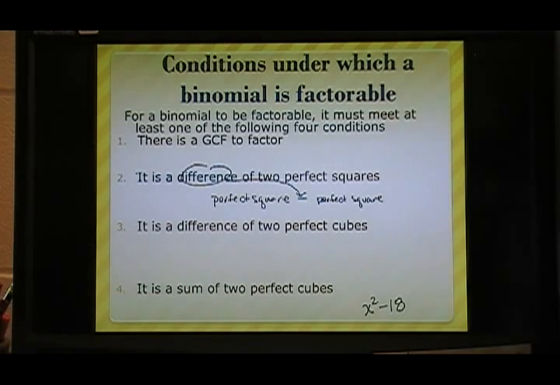So x squared minus 18 does not meet this condition, nor this, nor this, nor this. And in the world of binomials, if it doesn't meet one of those four conditions, then this is not factorable. Okay, it is not one of those special binomials that will factor.